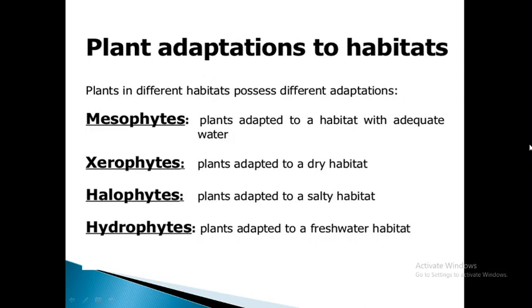Plants in different habitats possess different adaptations: mesophytes, xerophytes, halophytes, and hydrophytes. Mesophytes are plants adapted to a habitat with adequate water.